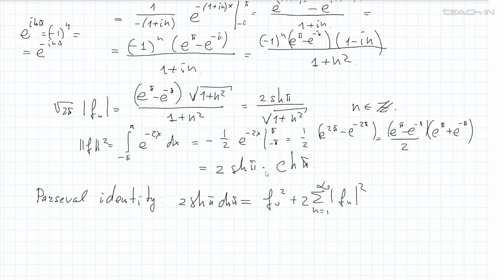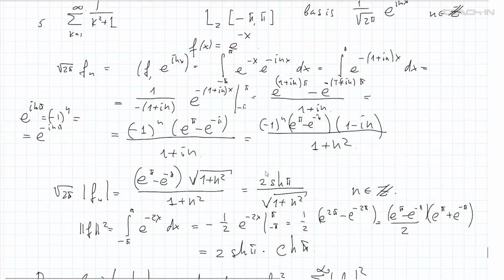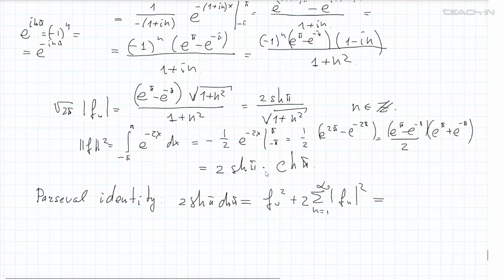Two because for negative and positive n we have the same formulas. So let's continue. F0, we take from here, 4 hyperbolic sine squared over 1 over square root of 2 pi. Don't forget to divide by this.